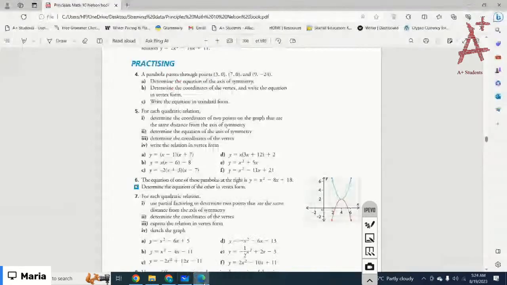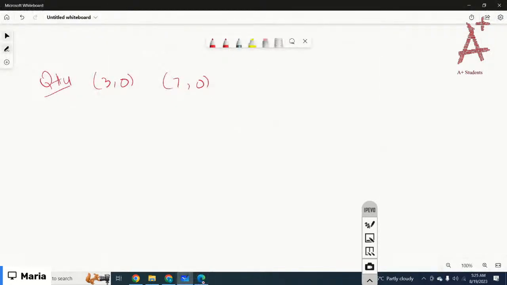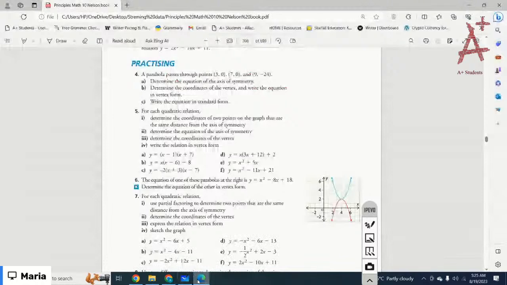So you have to calculate the equation of axis of symmetry, coordinates of vertex, and write the equation in vertex form, right?